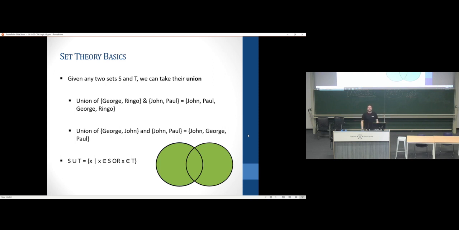So union is or, which is handy. Union's or. Are you in the club at all? We don't care which one. For union, we use this kind of U. It's written in a slightly different font. It'll always be clear. It's a union function. So again, union is member of one or the other.